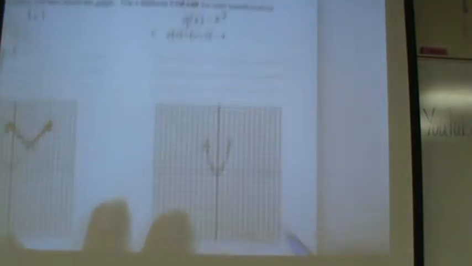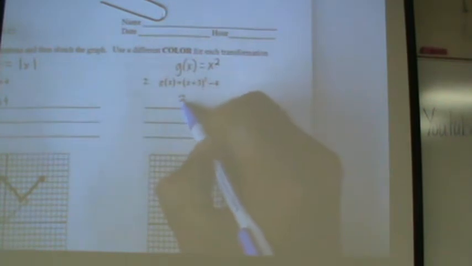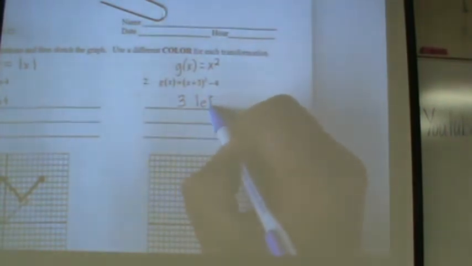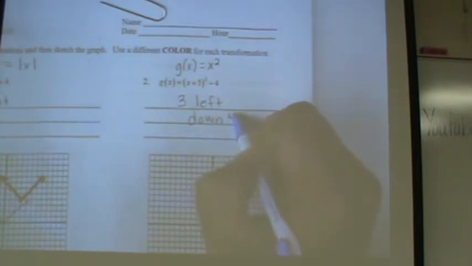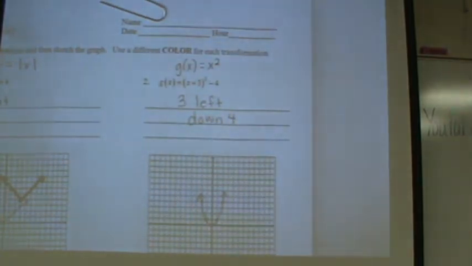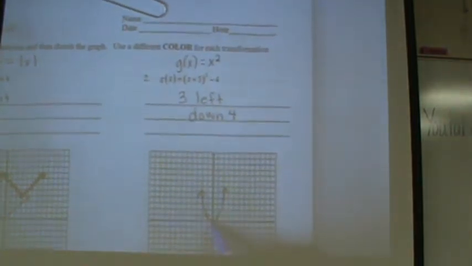There's your parent function. And the transformations are 3 units left and down 4. So taking this and going over 3 units, 1, 2, 3, and down 1, 2, 3, 4.